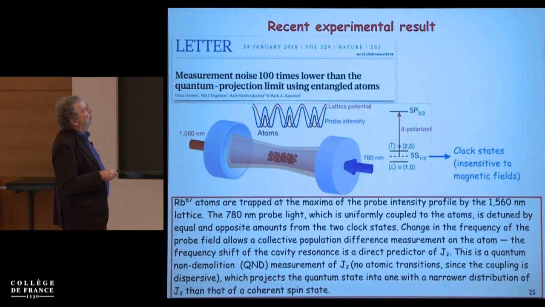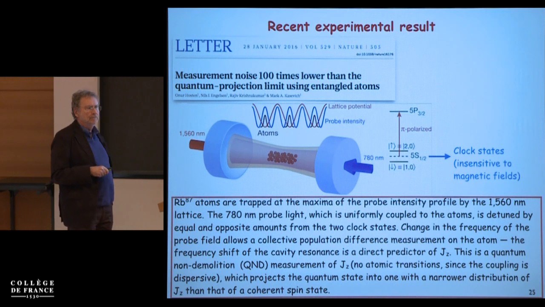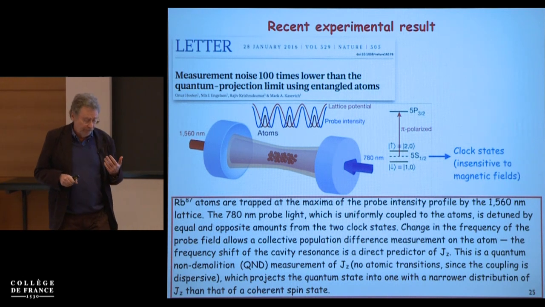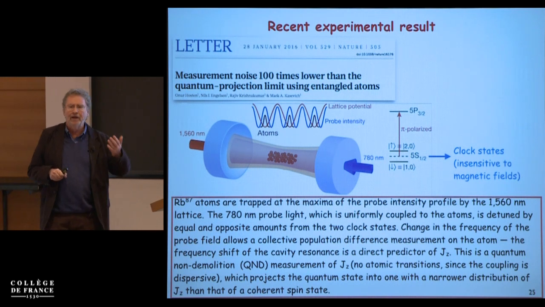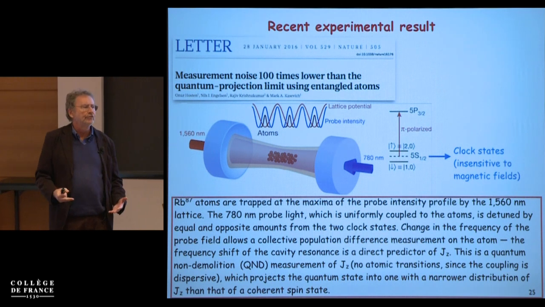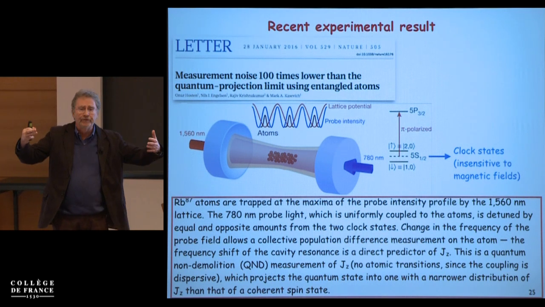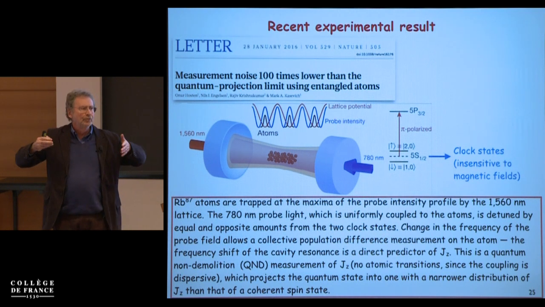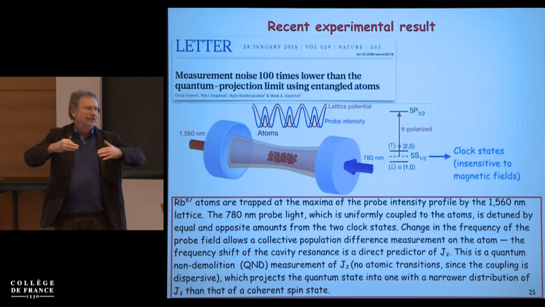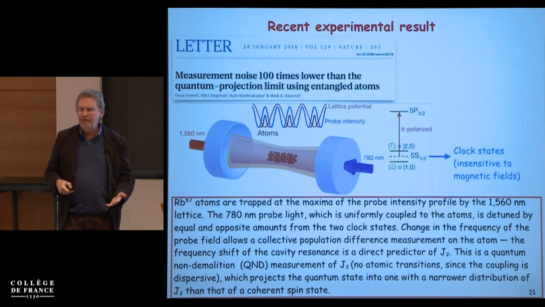Now, the frequency of the probe field is sensitive to the state of the atom, because of, if you want, a refraction index effect, since this collection of atoms is interacting dispersively with the field. This is like a material with some refractive index. And if you insert some slab of refraction index in the cavity, this is going to change the frequency of the field in the cavity.